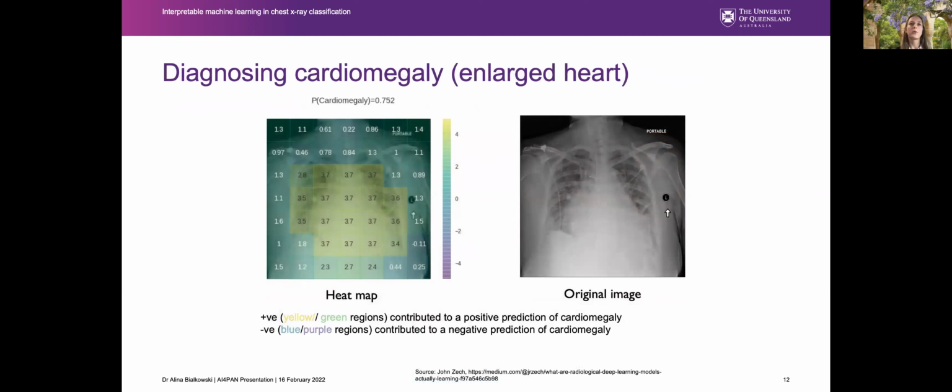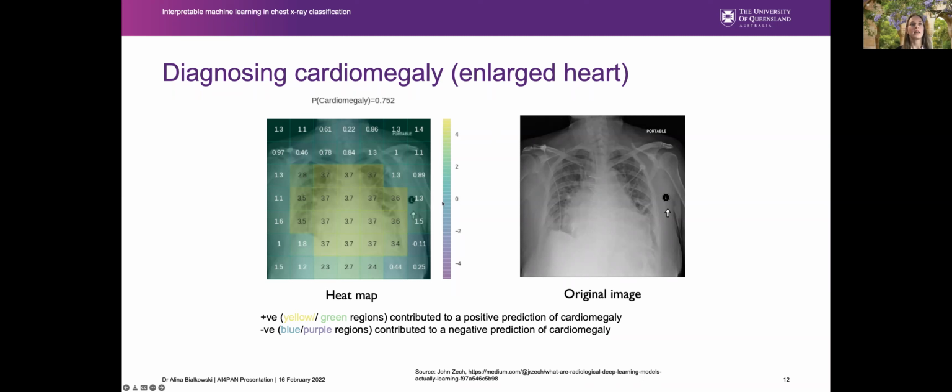Looking into a couple more examples from their paper, here we have the disease cardiomegaly, which is an enlarged heart. Here we have a color bar where these blue and purple regions contribute to a negative prediction, whereas these more yellow and green regions correspond to a positive prediction of the disease.